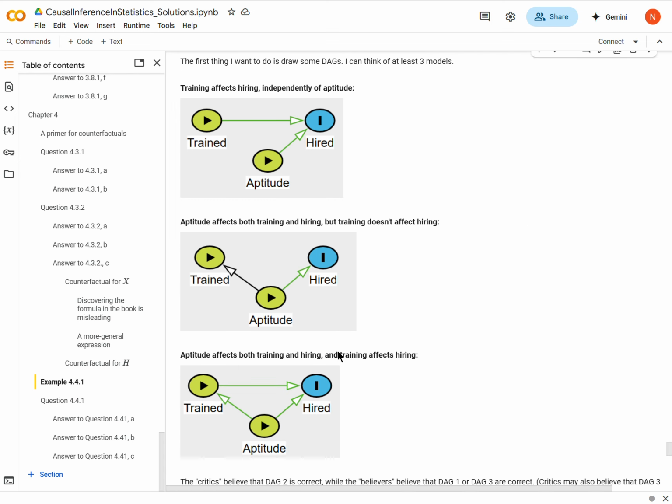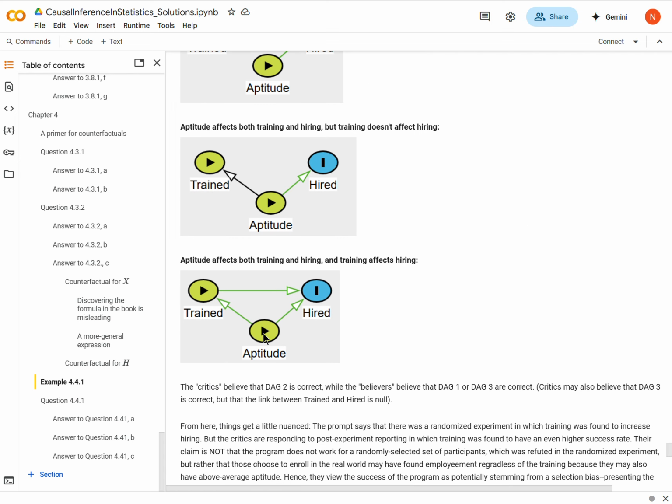Namely, if there is a way to close the back door, then we should be able to get an estimate. So if there's a backdoor, say between trained and hired, but in this case between drug and recovery, and if we can close the back door, either experimentally or statistically, then we should be able to get an estimate of the effect of training on hired or drug on recovery.